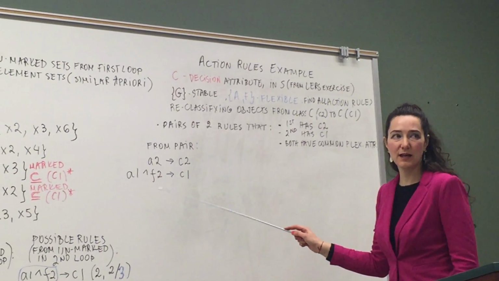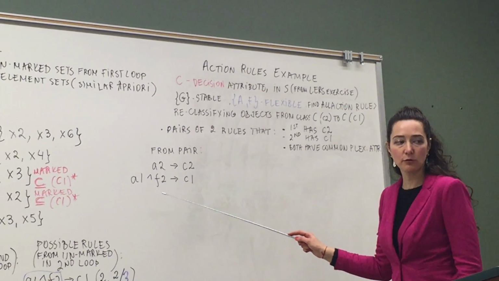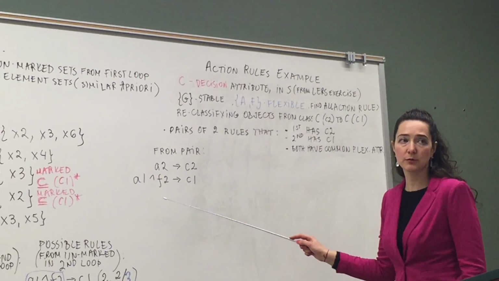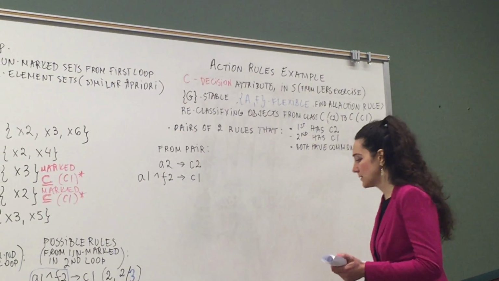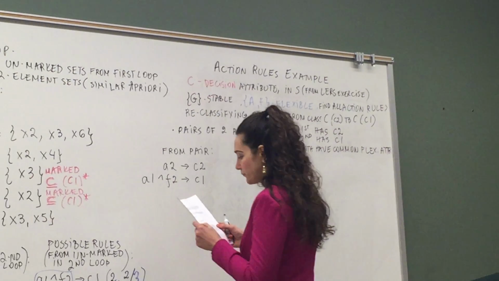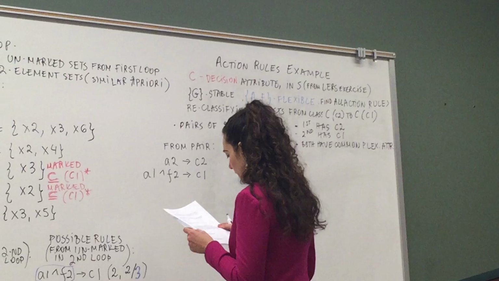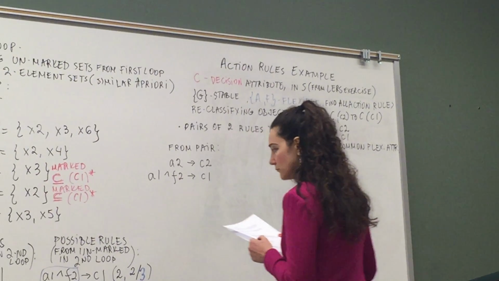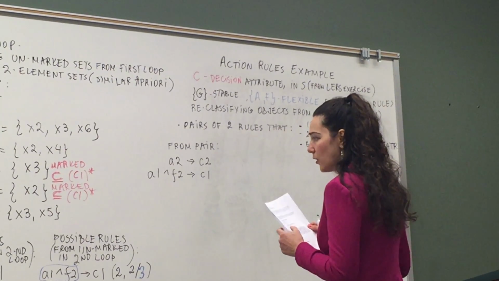But F is a stable attribute. So if it's not equal to 2, it's possible to change it. So what we're going to say is that, oh, I'm sorry.